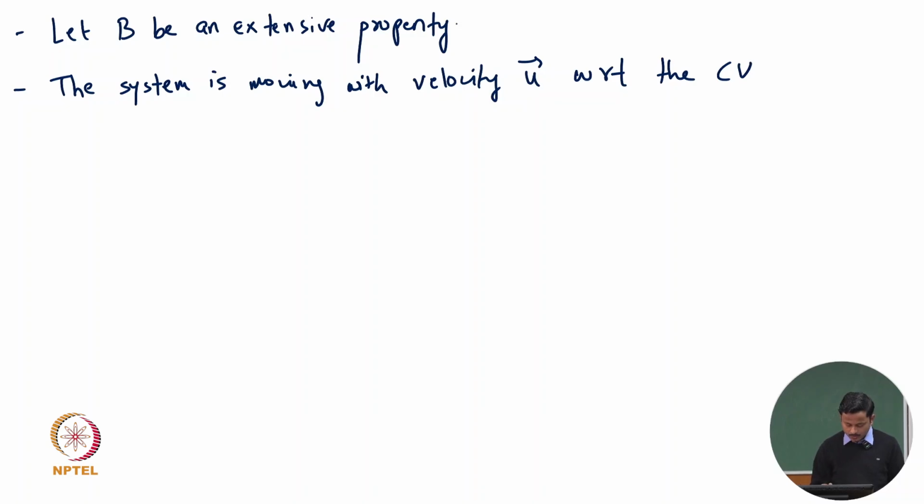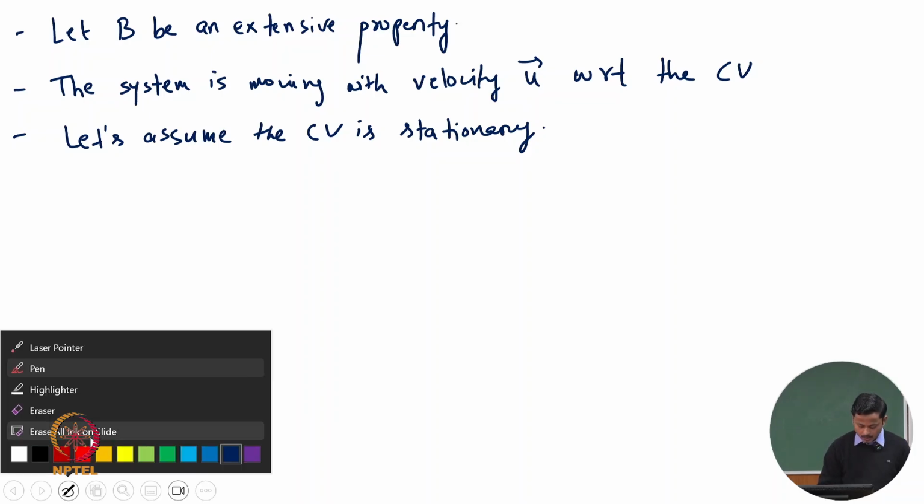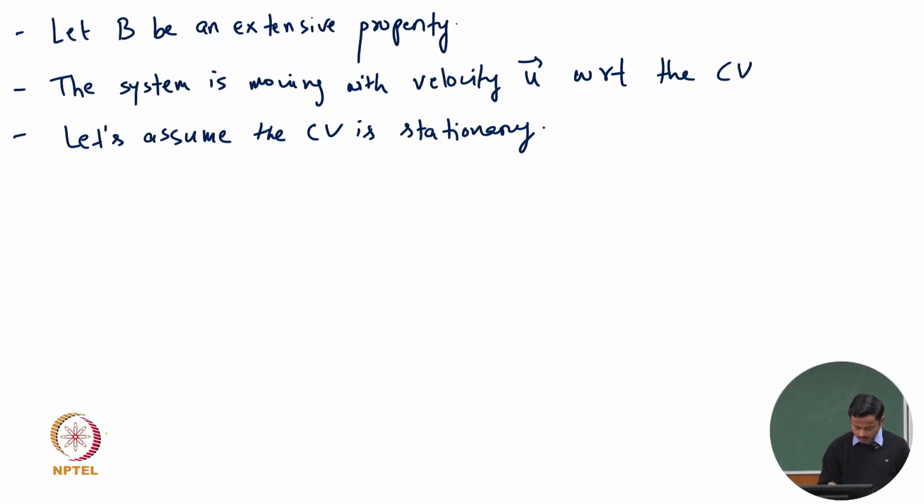The system is moving with respect to the CV. For simplicity, let's assume the CV is stationary, the control volume is stationary. This is just for simplification. We do not lose any generality if we assume this. This is just to make our derivations slightly easier.